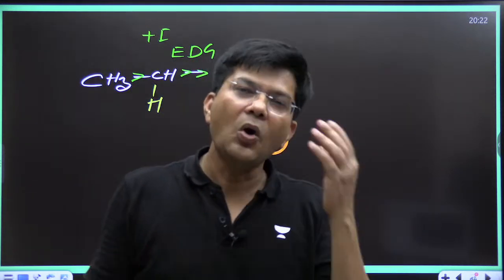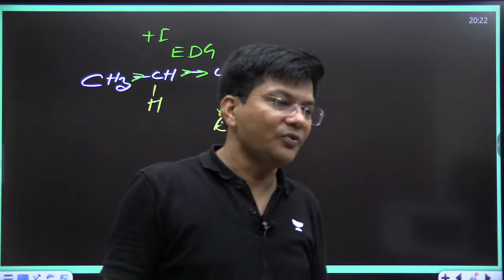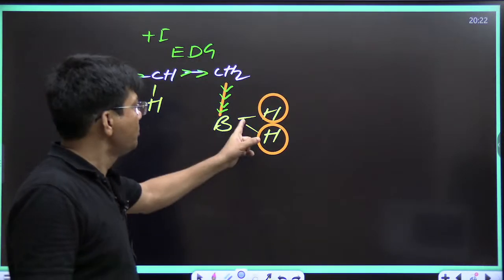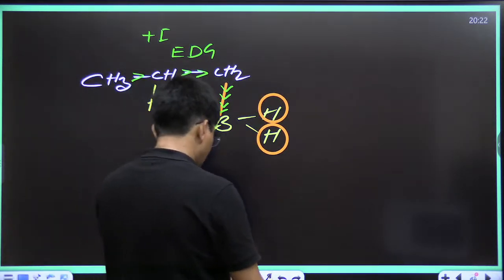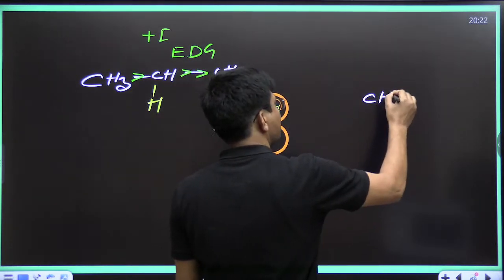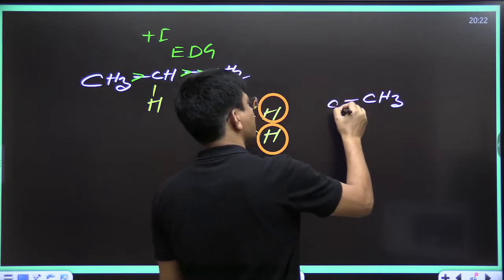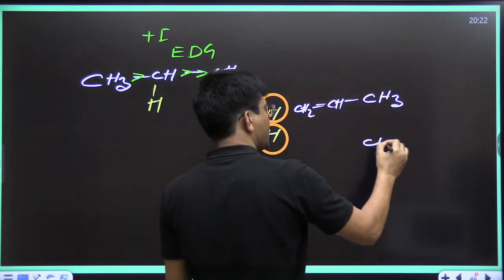Mama said, oh my dear kid, what are you waiting for? Whatever you have done once, do it twice more. Just donate these hydrogens and attack the other two propenes. Just go and attack two more propenes.